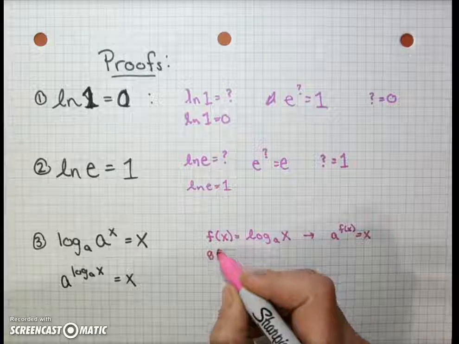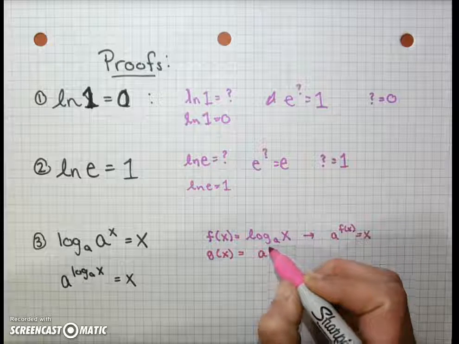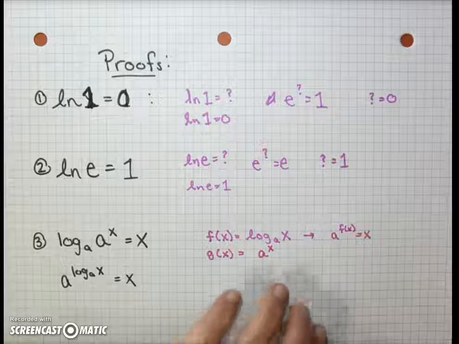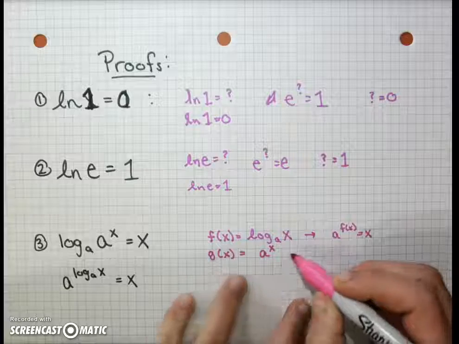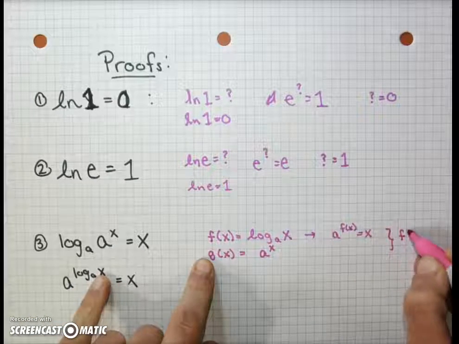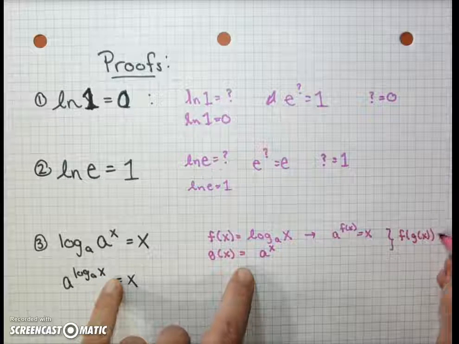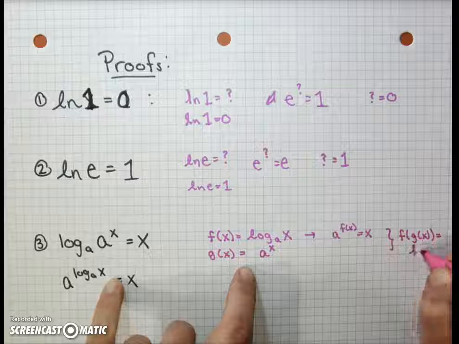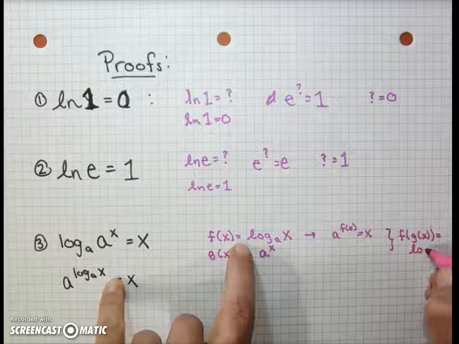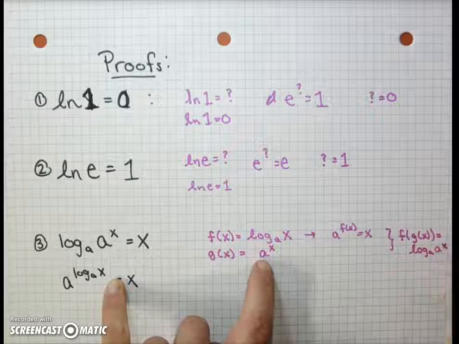And if I take g of x, and that's going to be the function a to the x, then by looking at the composition of these functions, f of g of x, well, I have log base a, instead of x, I put g of x, of a to the x.